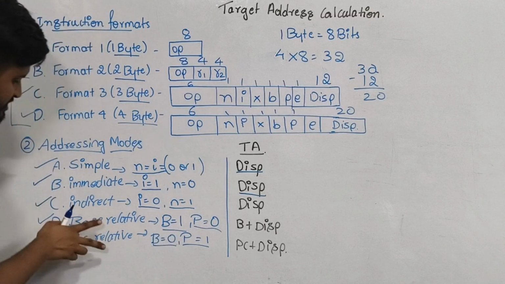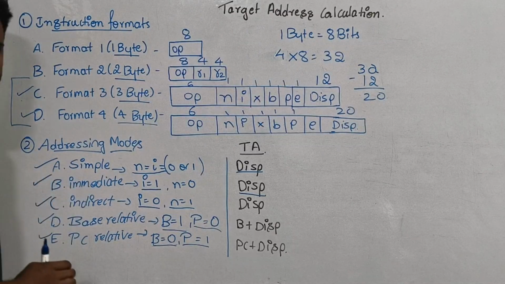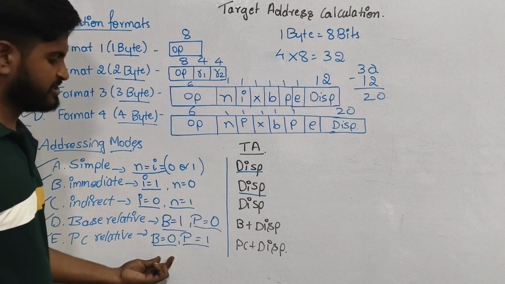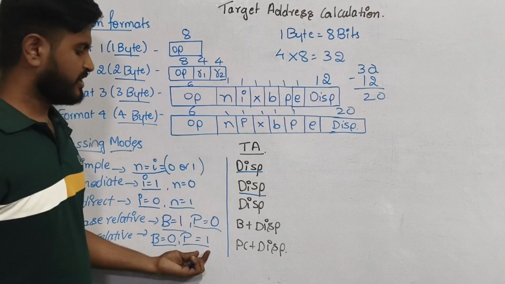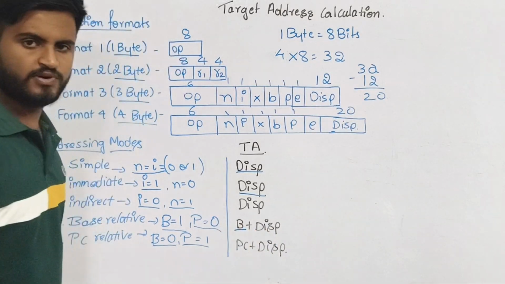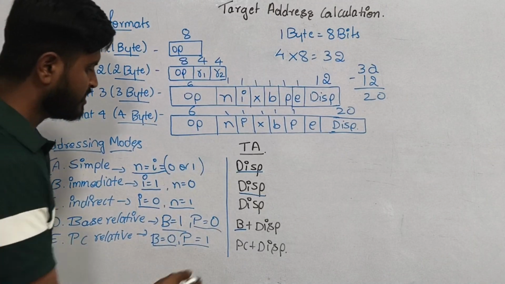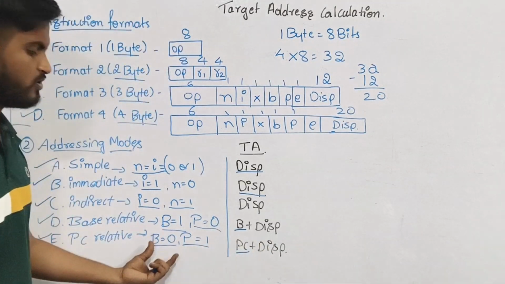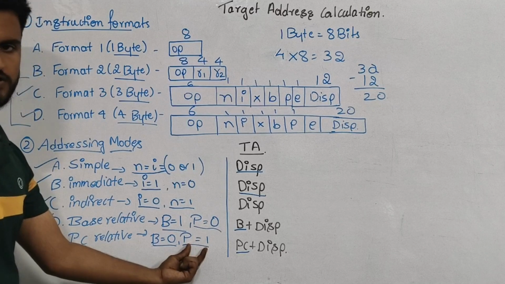These two are vice versa. So you will be adding the displacement with its base value, because the base value is 1, or the displacement with its program counter value, because the program counter value is 1.